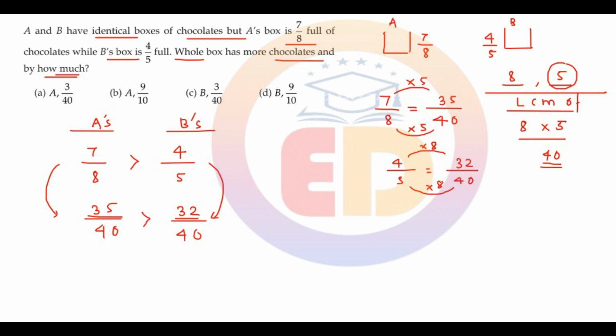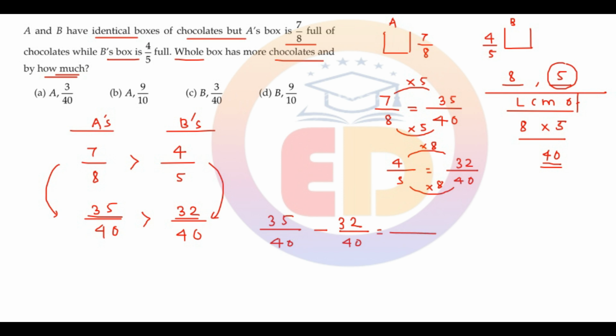So let us subtract them. For subtracting them also, our conversion will help us. We have converted 7 by 8 to 35 by 40 and 4 by 5 to 32 by 40. We can subtract them to get how much 7 by 8 is greater than 4 by 5. Let us do the subtraction. 35 upon 40 minus 32 upon 40.